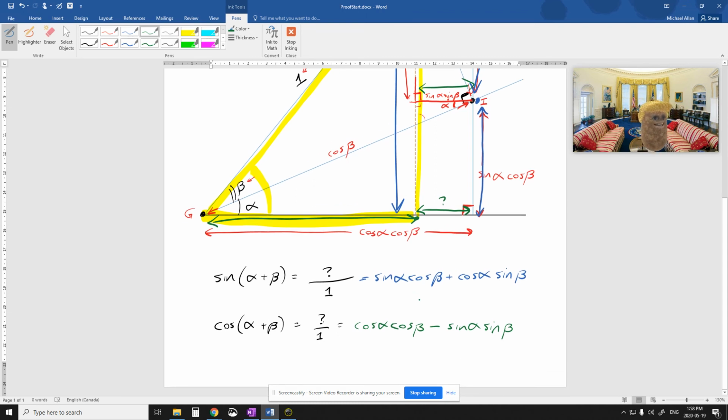Now the other identities come from two other identities that we have. What we can do is we replace some of the identities in here, right? Now, one identity that we haven't talked about before is based on the CAST rule, add sugar to coffee. If I have a negative angle in cos, that's just cos.